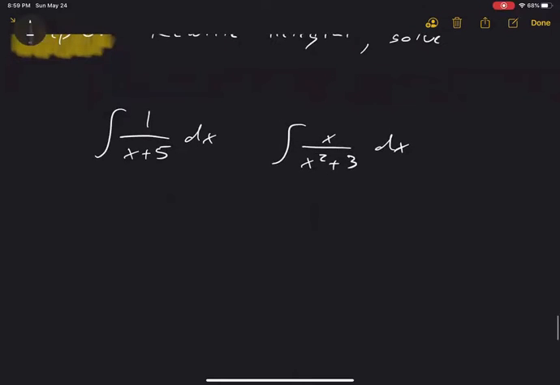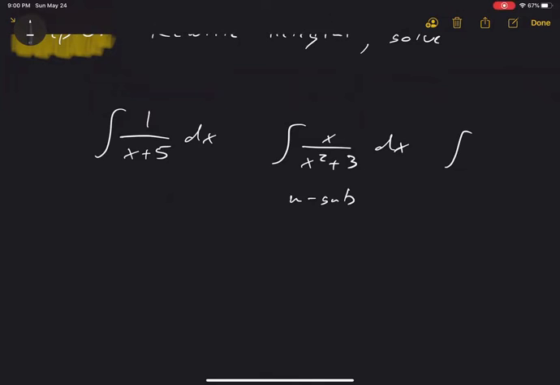This we can solve with a u sub. So this type of integral we're going to be able to solve with a u sub. We say u is equal to x squared plus 3, and then x dx would be 1/2 du, right? And then we're also going to have integrals where we have a constant over a quadratic.